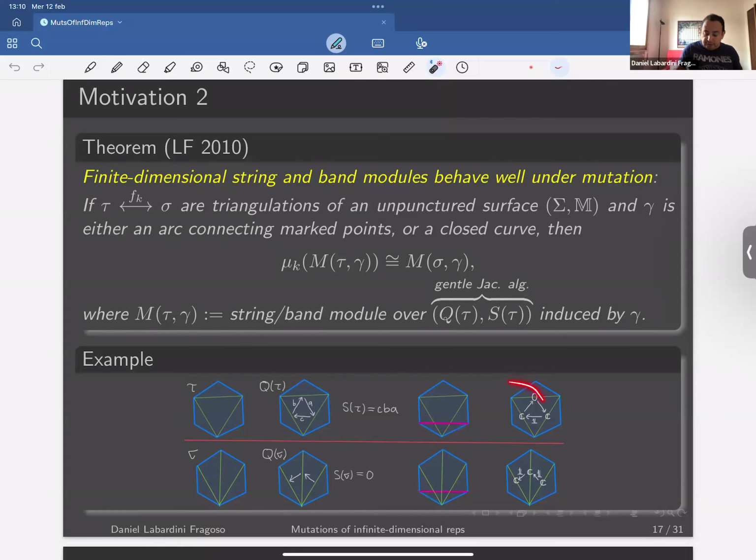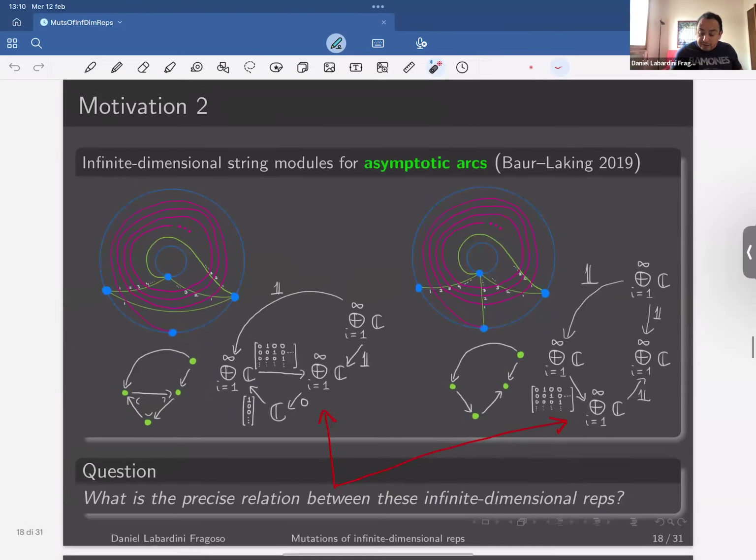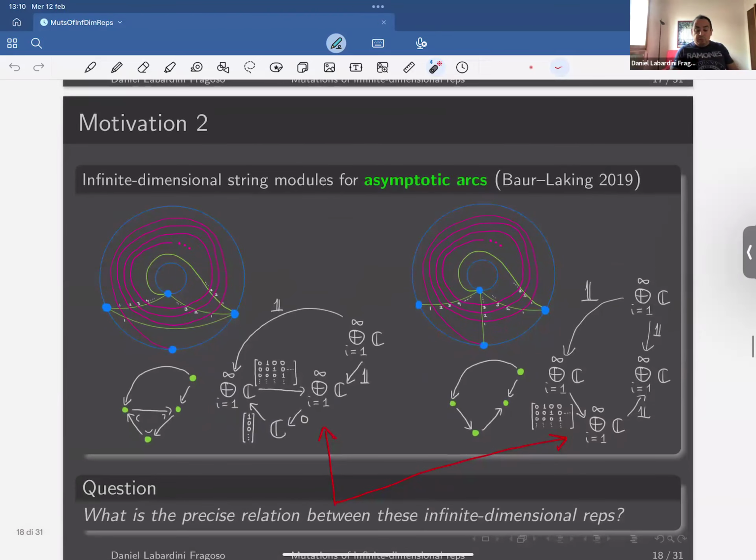So this is an example of what I proved in my PhD. Okay, but then again you can say, yes, but these are finite dimensional.